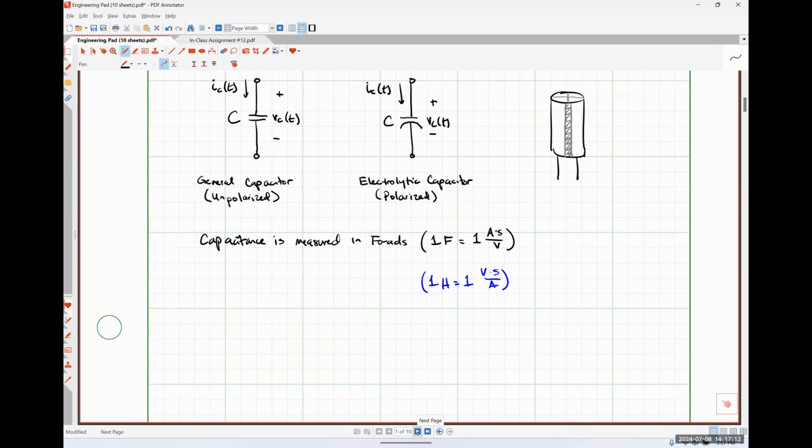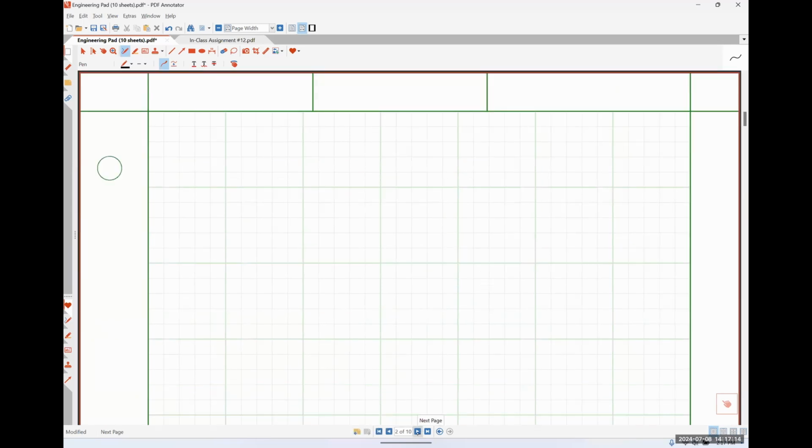All right. So our first relationship is going to be a derivative-based relationship, just like we had for inductors. So this comes from the fact that charge is related to current is related to the derivative of charge.